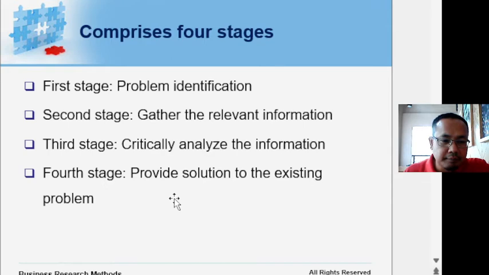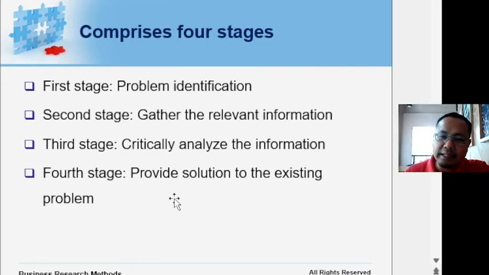All right, and then third stage, critically analyze the information. The term critically analyze means there is some level of thinking that we have to achieve. We can't just present the information.